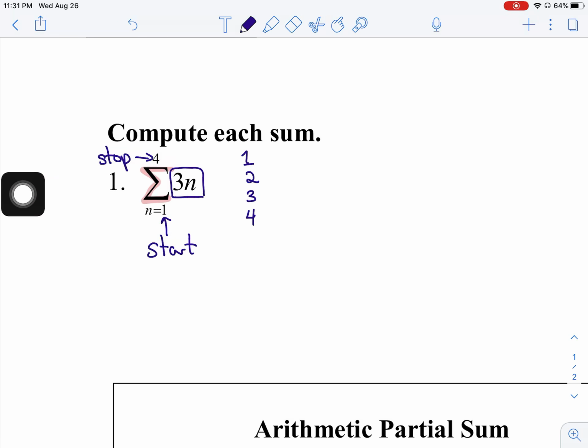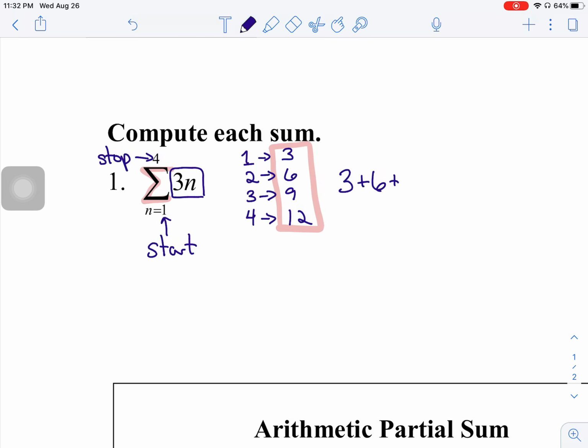For each one of these, I am told to take n and multiply it times 3. So 1 times 3 is 3, 2 times 3 is 6, 3 times 3 is 9, 4 times 3 is 12, and to find the sum, I am going to add these 4 values together. So 3 plus 6 plus 9 plus 12 equals 30.